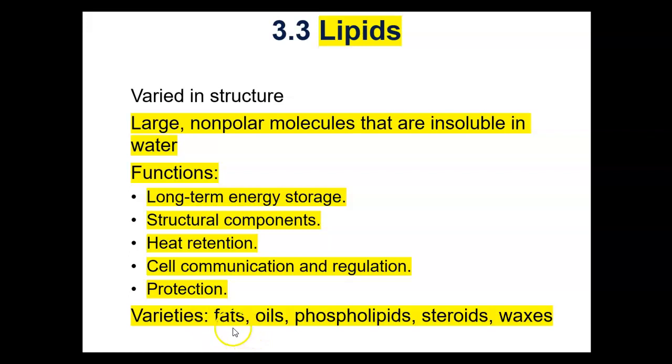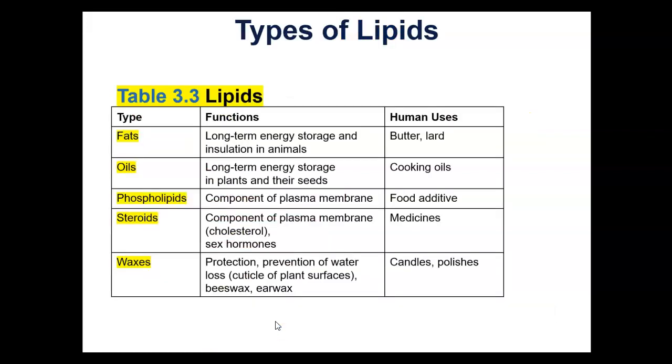So examples of lipids would be fats, oils, phospholipids, steroids, and waxes. Examples of fats would be butter and lard. Oils would be like cooking oils. Oils are liquid at room temperature and fats are solid at room temperature. Phospholipids are found in the plasma membrane.